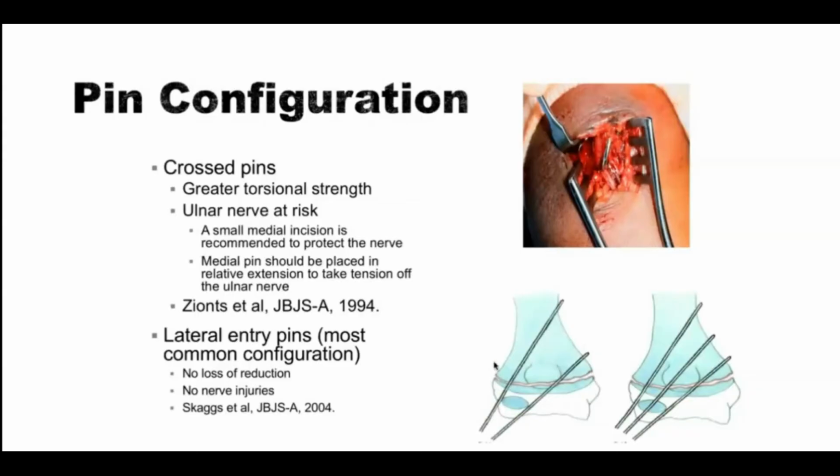And the reason that people put the lateral pins in rather than the medial pin is because of the risk of ulnar nerve injury on the medial side. So generally speaking, we'll make a small incision over the entry point and use the small clamp or Schnitt to get down to the bone and make sure that the ulnar nerve is protected when placing that medial pin.